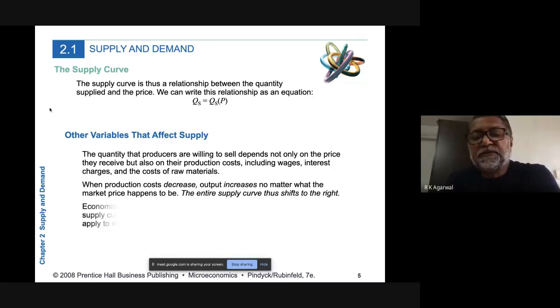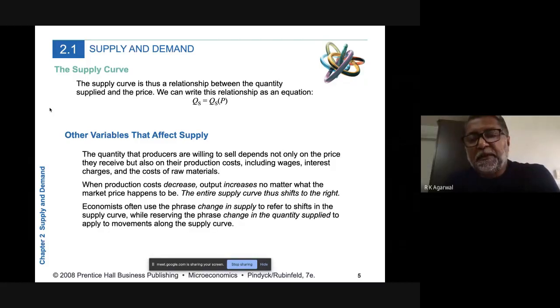So economists often use the phrases change in supply and change in quantity supplied. So when do we use the term change in supply? We use the term change in supply when the supply curve shifts.